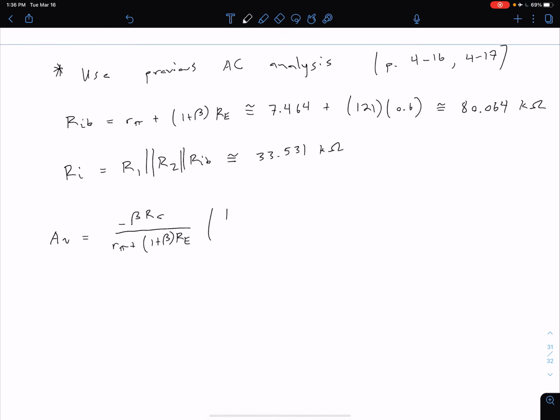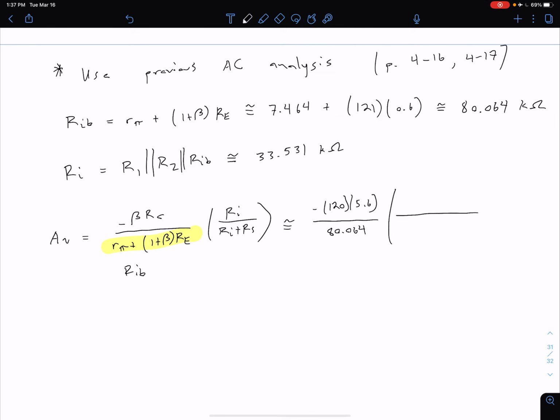And then all of that was multiplied by RI divided by RI plus RS. Keep in mind that this whole term in the denominator is just RIB, which we've already calculated. So we can say this is approximately equal to negative beta, so negative 120, times our RC, which is 5.6 k ohms, times our RIB, which was 80.064 k ohms.